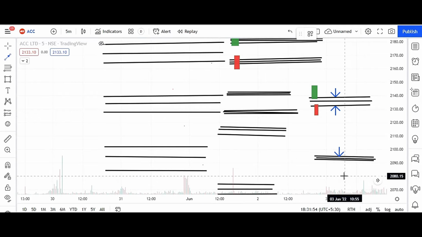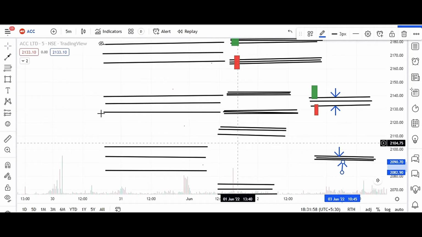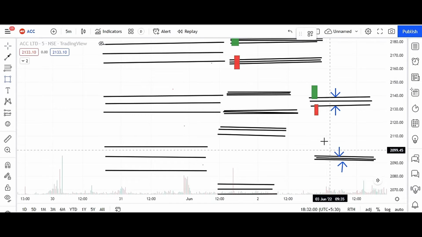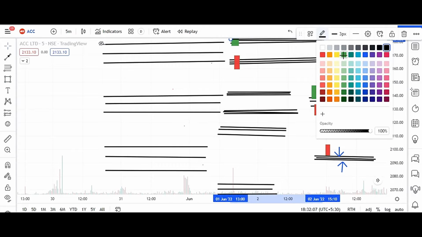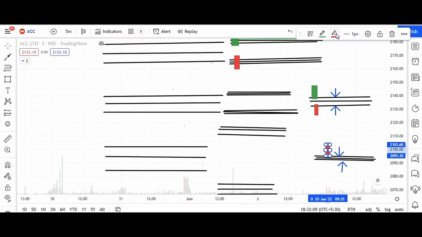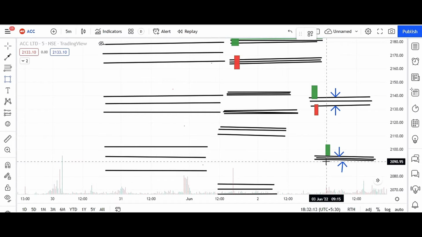It forms like this. Okay. We take entries on breakout the CPR. Our stop loss would be below the CPR for buy side.